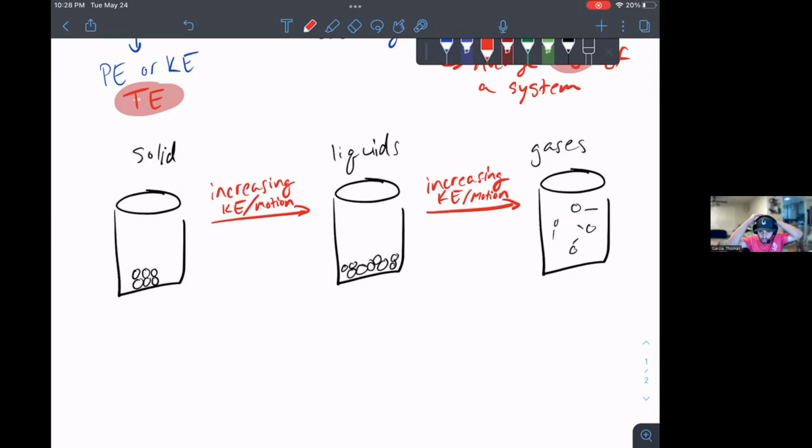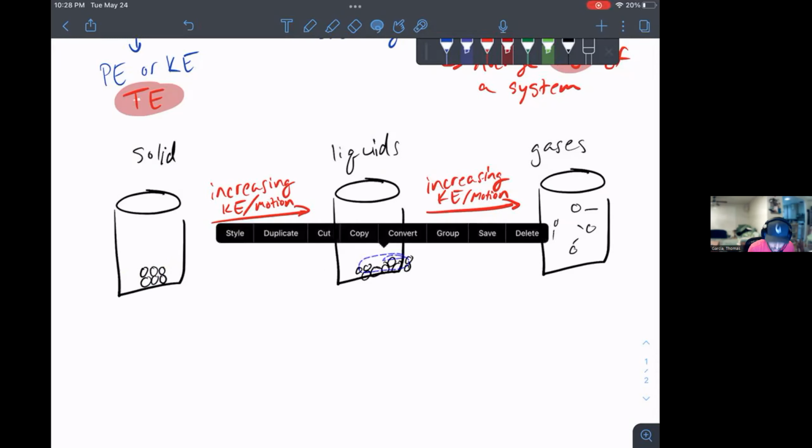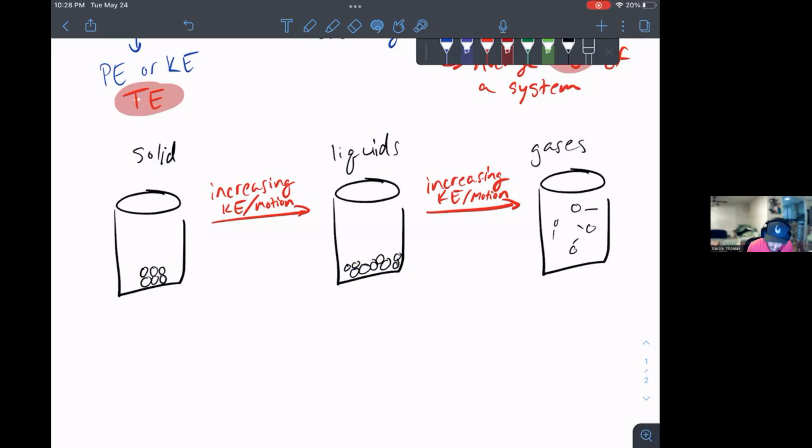And this is a really important idea because the particles start from being very close and just vibrating together to starting to move around each other nice and easy. And then finally in gases, all the particles are individually moving on their own, flying in all different directions. And with this, it takes energy. It takes energy to loosen the bonds between the atoms, and it takes energy to completely break those bonds.